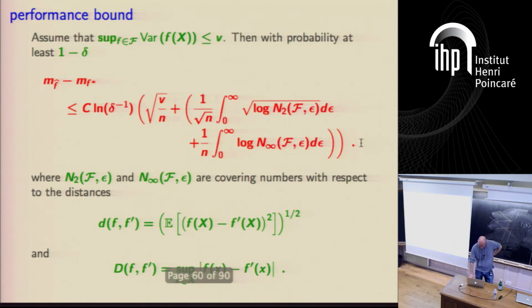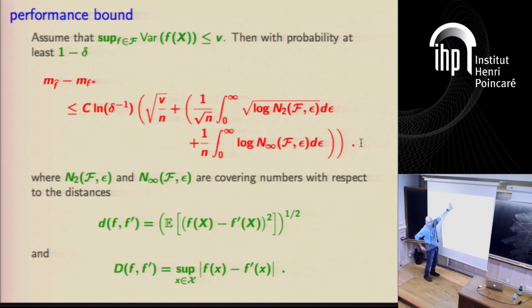Okay. So here's what we could derive. It's a little bit ugly, but let me try to explain. We need to assume that the variances of each of the f of X's are bounded, which is fine. What's not so fine is that we actually need to know this bound. But let's assume that we know it.